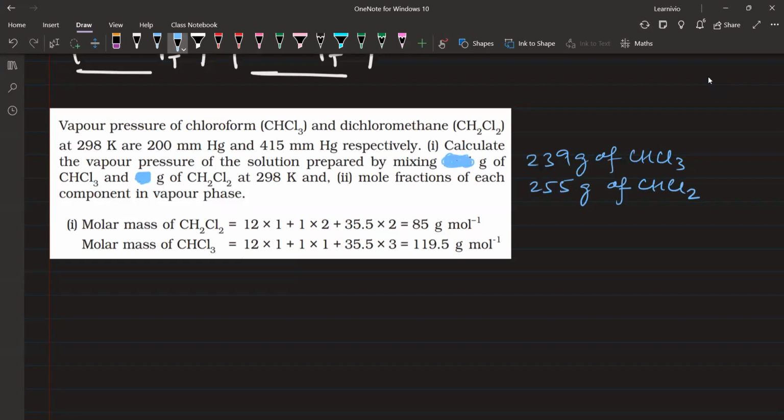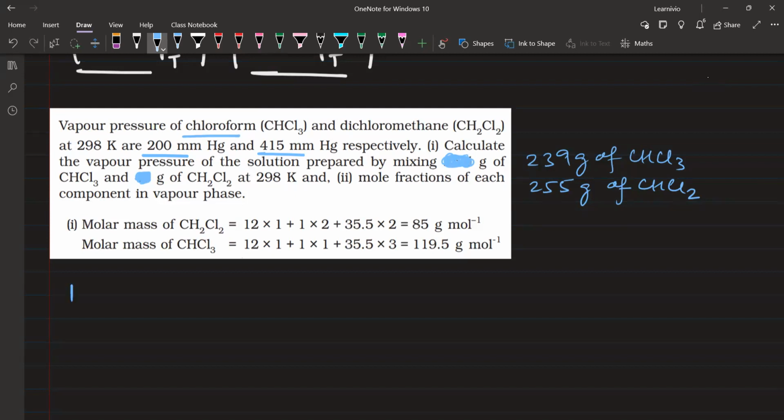What is the question? Vapor pressure of chloroform and dichloromethane at 298 Kelvin are 200 mmHg and 415 mmHg. First of all, once you see a value, 200 mmHg, 415 mmHg, you need to tag this value. Tag means you need to put a name to this value. What is 200 mmHg? It is the vapor pressure of chloroform.